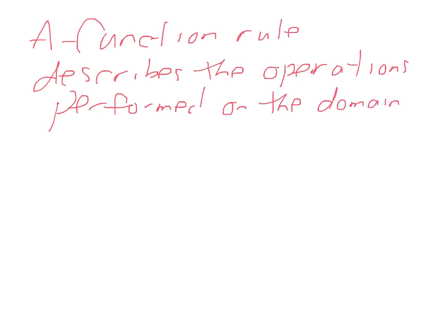So, for example, I showed you the function machine before, but a lot of times I could just simply do it like this. Y equals 2x plus 3. That would be an equation that is a function rule, where x is the domain and y is the range.